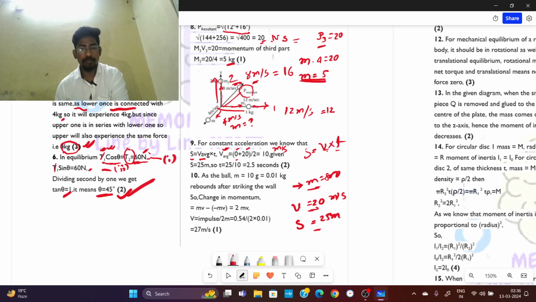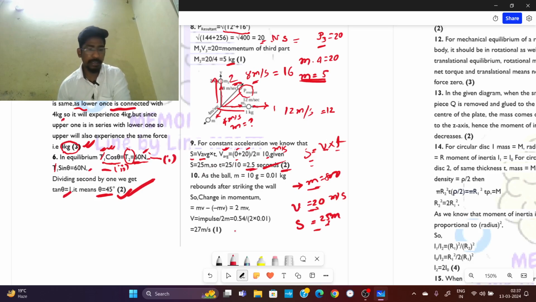Here the value of v average is 10 meter per second, and the distance given is 25 meter. So 25 meter divided by 10 will be equal to 2.5 seconds. So therefore option 2 is correct. Option 2, right? So moving on to the next question.